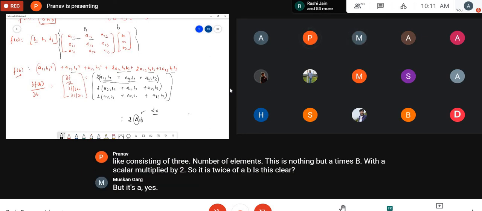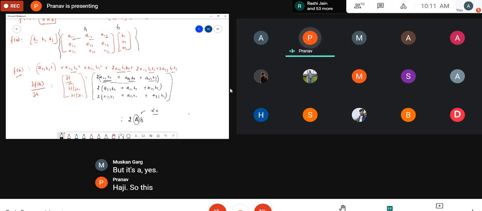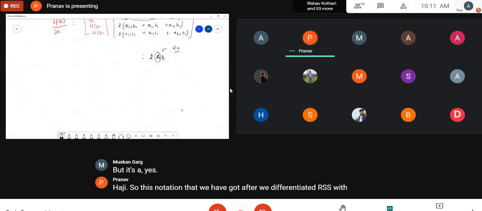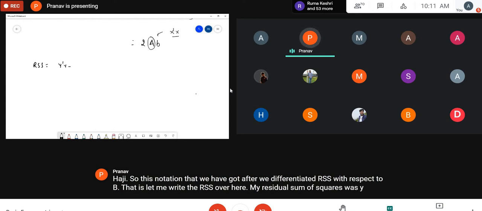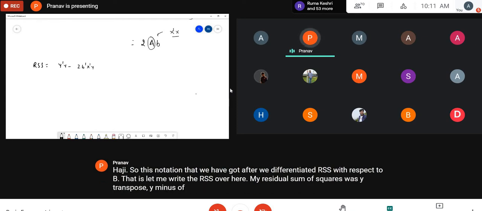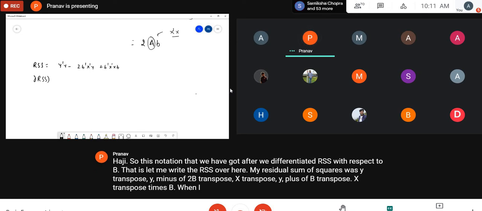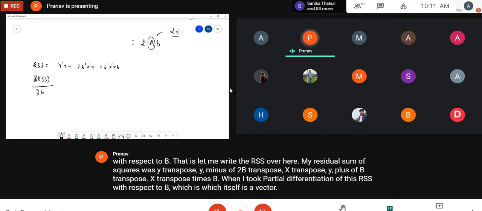Yes. So this notation that we have got after we differentiated RSS with respect to B, let me write the RSS over here. My residual sum of squares was Y transpose Y minus 2B transpose X transpose Y plus B transpose X transpose X times B. When I took partial differentiation of this RSS with respect to B, which itself is a vector, please don't understand it as a scalar quantity.